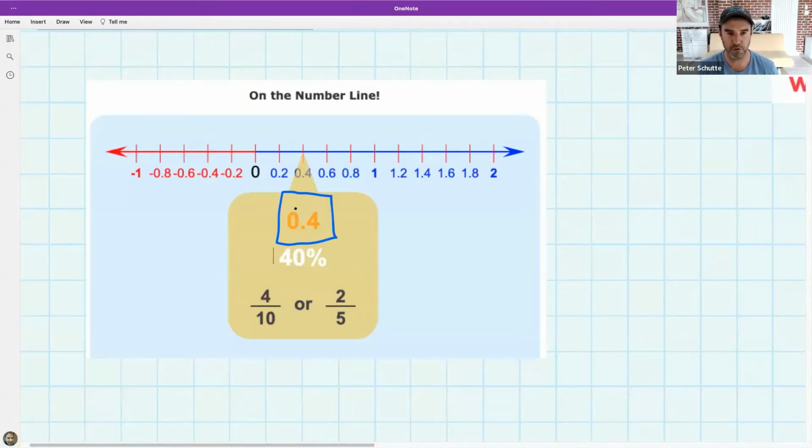I want the word for it. What is that called? I want you to type it in the chat. Okay. Yes, this is called a decimal fraction. Absolutely. Okay, so this is one of the types of fractions we have to get comfortable with.